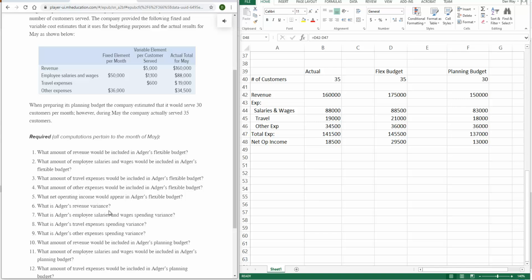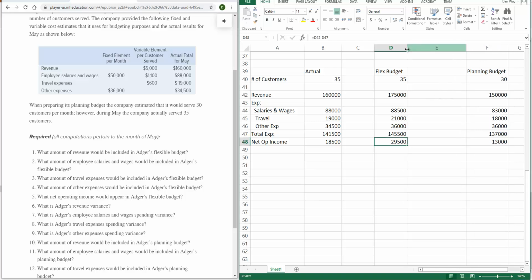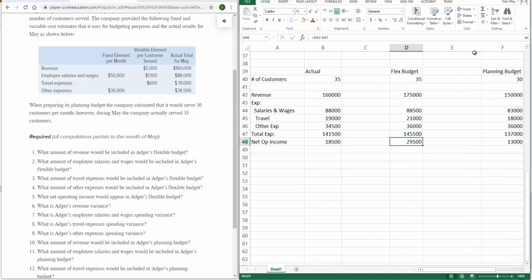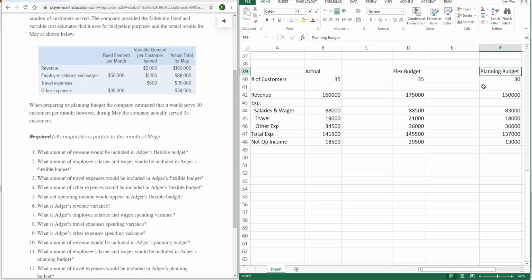Next, we're going to look for all of our variances. So the first one they're looking for is a revenue variance. And let's remind ourselves, I'll give us a little more room here, which differences cause which variances. So any difference between our planning budget and our flex budget has to come about because of a difference in activity between what we expected to do and what we actually did. Right?